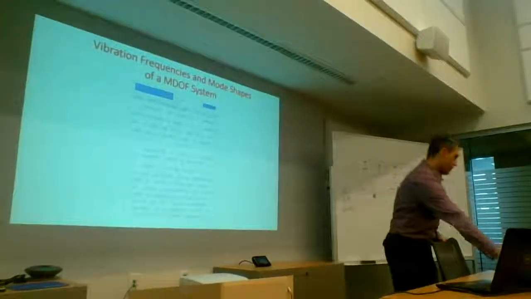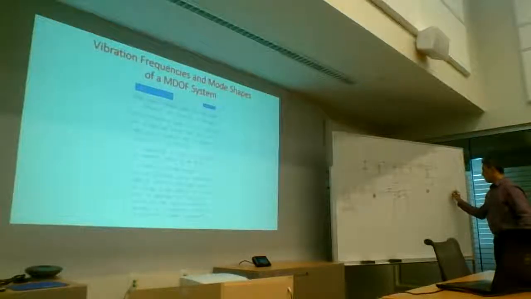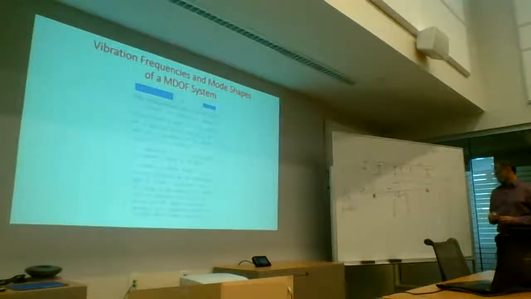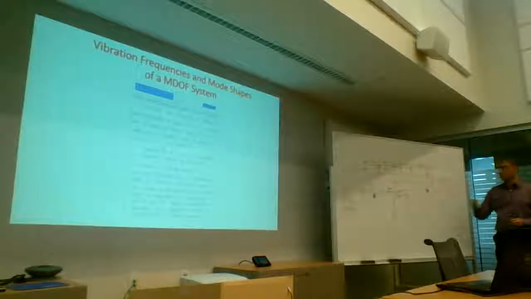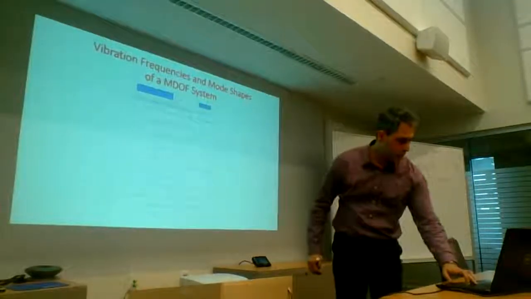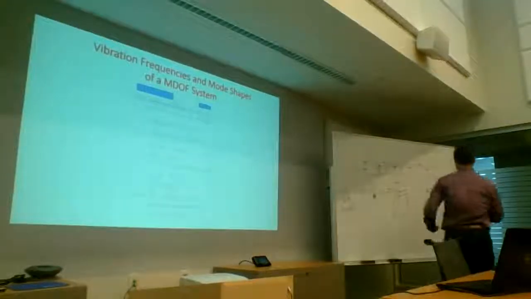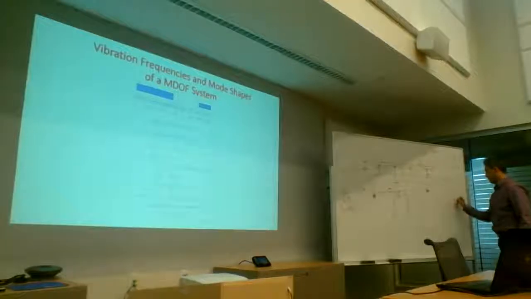And we already looked at this. For a single degree of freedom system, this was our equation, right? So it's pretty much the same, except for k minus omega n squared m. If I write it for a single degree of freedom system, I can write it as k minus omega n squared m equal to 0.